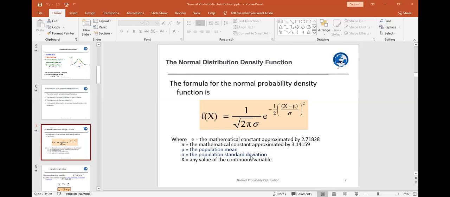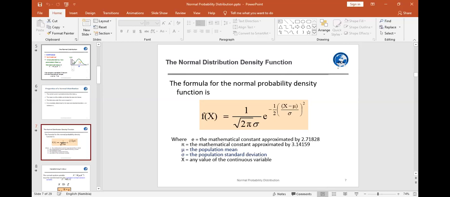This and the standard deviation, these two would be given. So if you did mathematics, there's nothing difficult here because all the numbers are there. But like I said, we are not going to make use of this entire formula, but it's the one that can generate what we call the normal distributions.